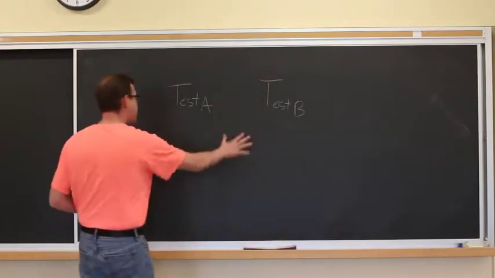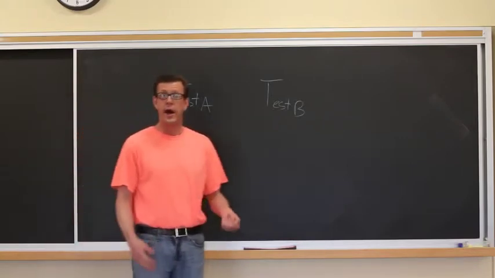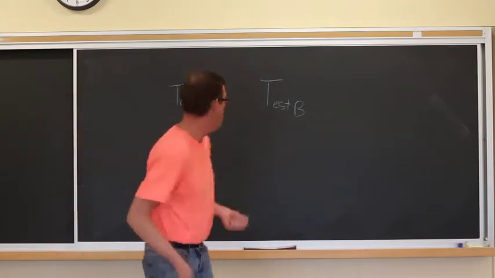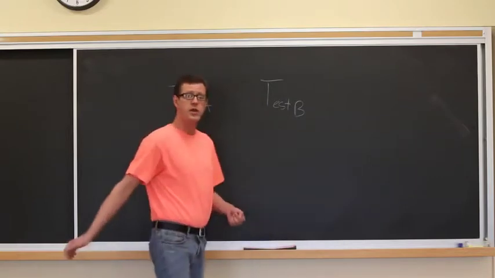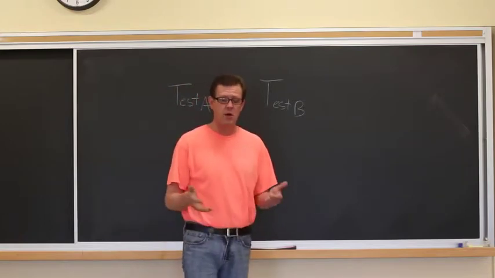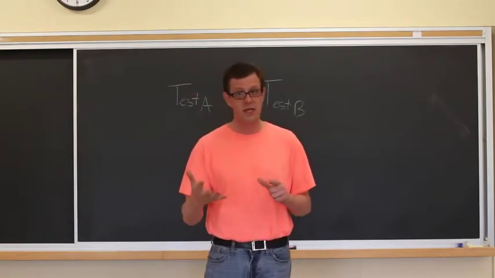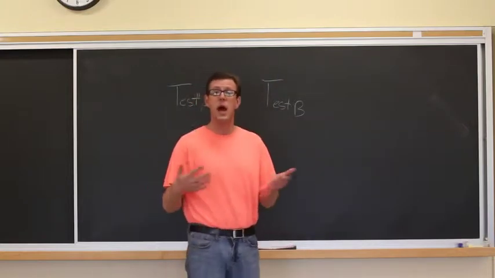So there's going to be some variability, but what we should see is that individuals who score high on an IQ test at time A should score high on an IQ test at time B, especially if that's the same test. So the ability of a test to give you the same values each time that it's given is reliability.